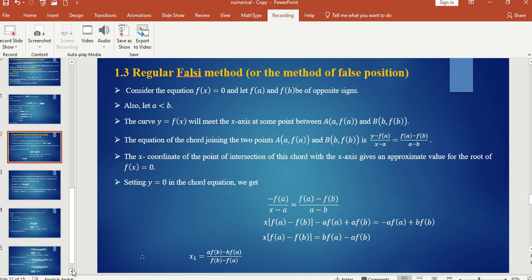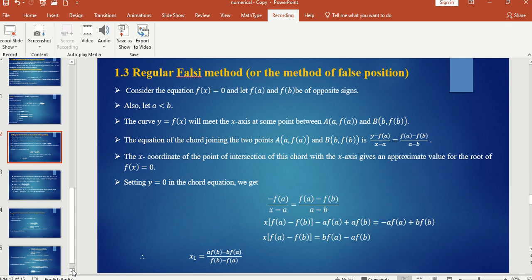So we have the equation y minus f of a divided by x minus a equal to f of a minus f of b divided by a minus b. The x coordinate of the point of intersection of this chord with the x-axis gives an approximate value for the root of f of x equal to 0.